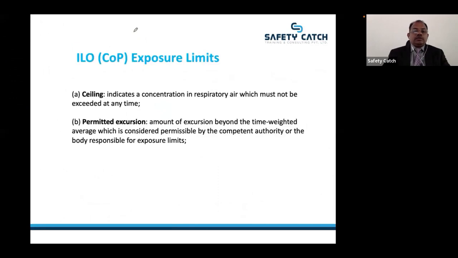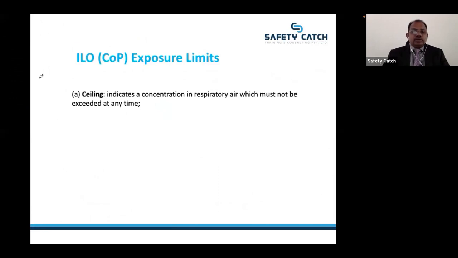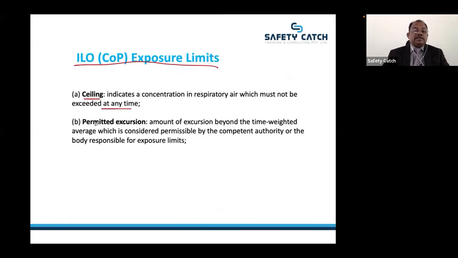So the ILO code of practice on exposure limits, I told you, this is a guideline for the whole world. Ceiling means a concentration in respiratory air which must not be exceeded at any time. Permitted excursion means the amount of excursion beyond the time weighted average which is considered permissible by the competent authority.